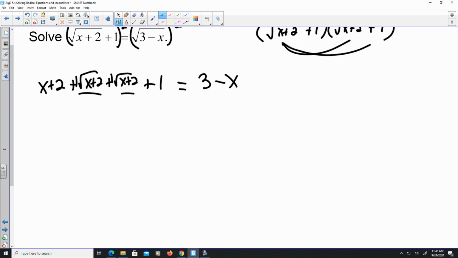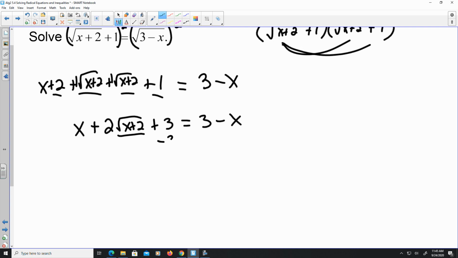So I got x plus, and now it's going to be 2 times the square root of x plus 2. And I got like terms here and here, so that's plus 3, and that equals 3 minus x. Okay, so what we are going to do now is attempt to isolate this square root.